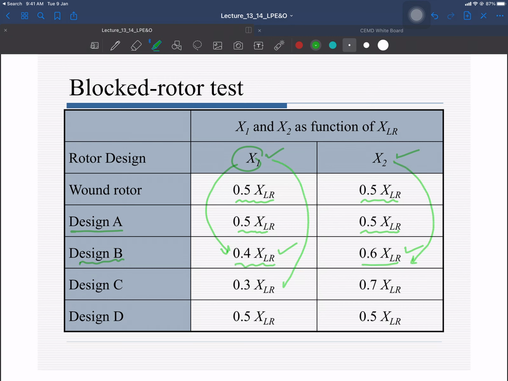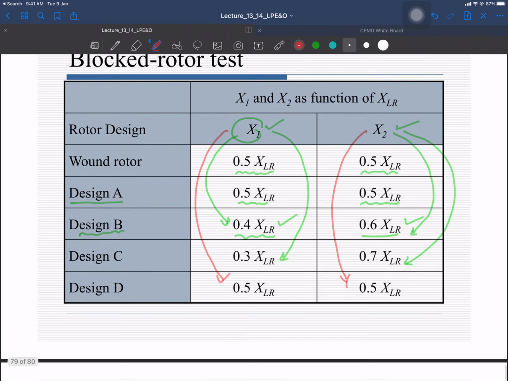For class C, X1 is considered as 0.3 times of that one, and X2 is 0.7 or say 70% of that one. And for class D, X1 is considered as again 50% and X2 is considered as 50%. So with the help of this table you can bifurcate X LR into two parts, X1 and X2, right?